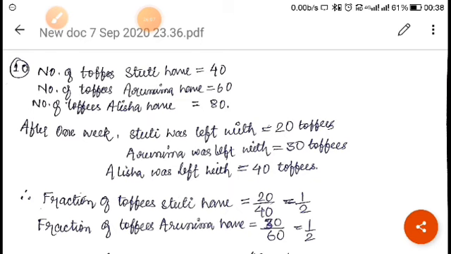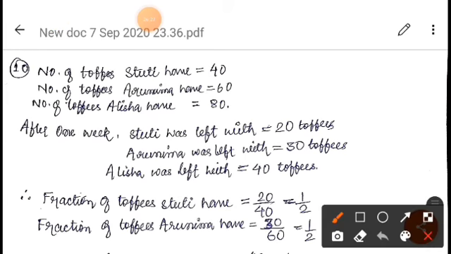Here it has been asked what fraction of toffees each had left after a week, and we have to check whether each consumed an equal fraction of their toffees.